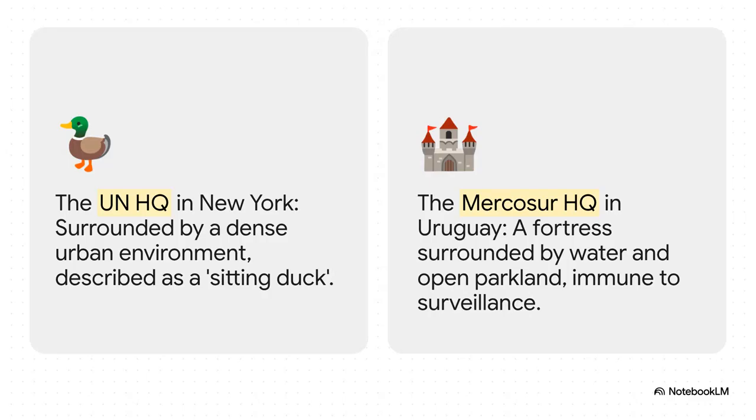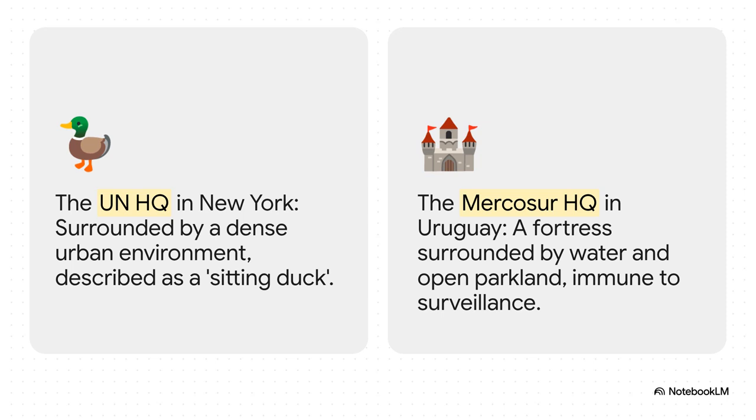Now, this strategy of using geography for security, it plays out on a global scale. The source presents this really stark contrast. On one hand, you have the UN headquarters in New York, which it calls a sitting duck because it's surrounded by a dense city. And on the other, you have the Mercosur headquarters in Uruguay, basically a modern fortress, surrounded by water and open land, designed for total surveillance immunity.